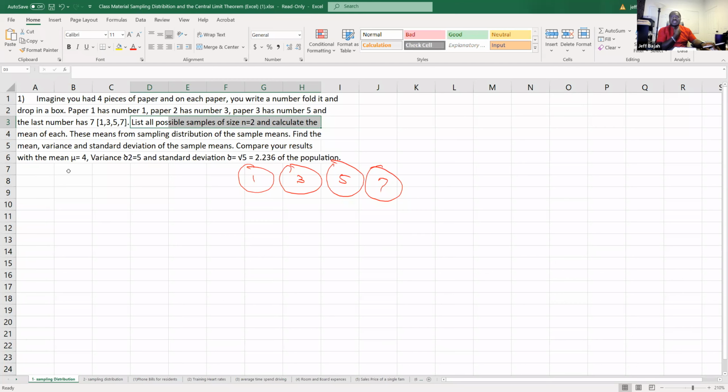Who wants to help me with that? With all the possible numbers you can select. So you pick a number, you drop it, and you pick it again, right? What are all the possible numbers you can pick? Because this is the population, right? 1, 3, 5, and 7.